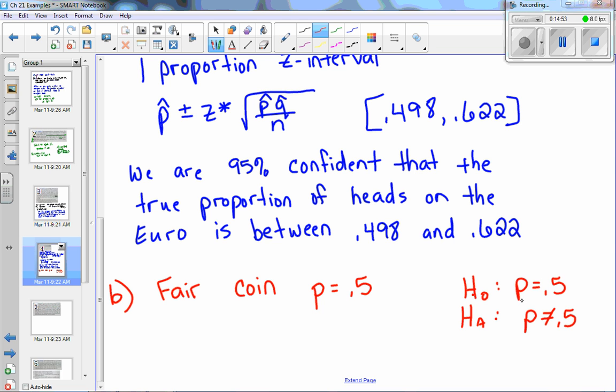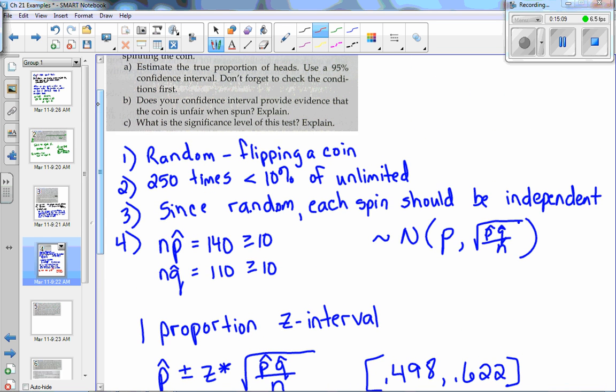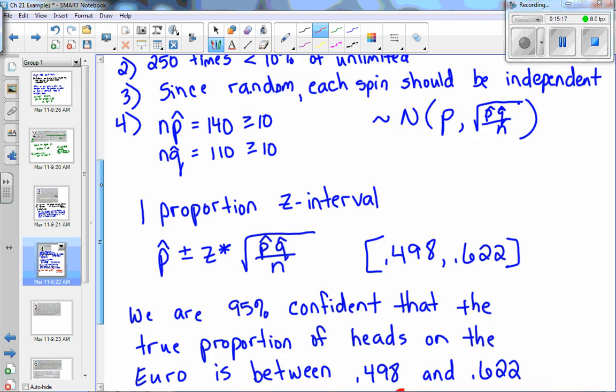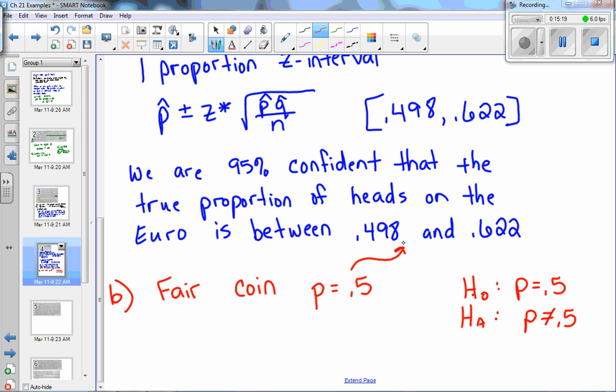We can actually use our confidence interval to help us with our test. When you look at your confidence interval, notice that 0.5 would be in the interval. Does your confidence interval provide evidence that the coin is unfair? No, it doesn't, because in this case we found that 0.5 was within the interval. Barely, that's true, but our confidence interval would not provide evidence that the coin was unfair.